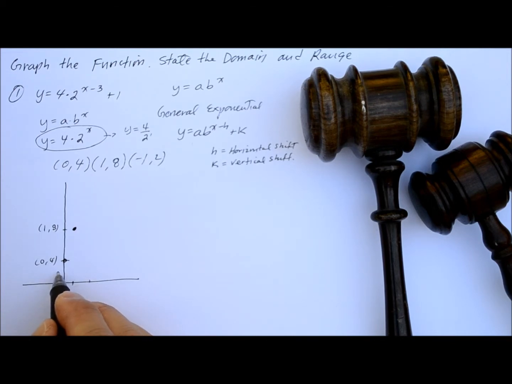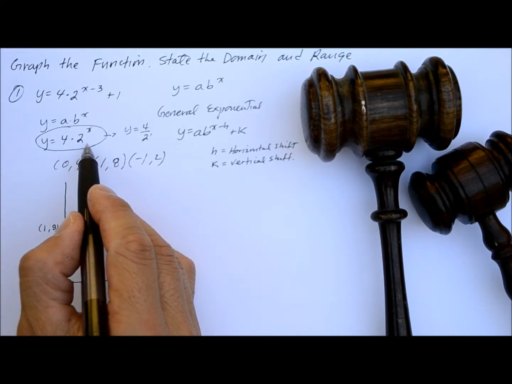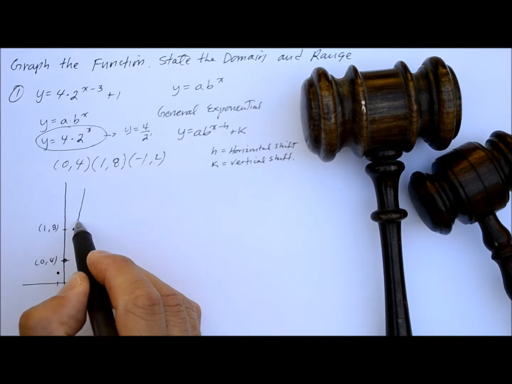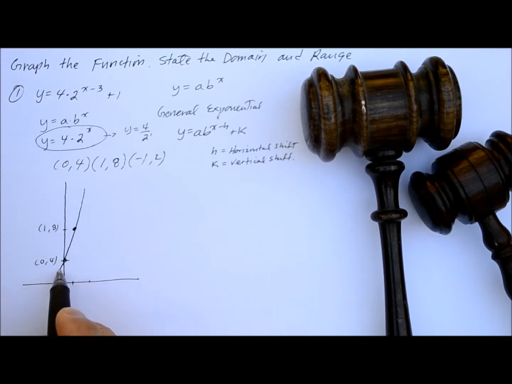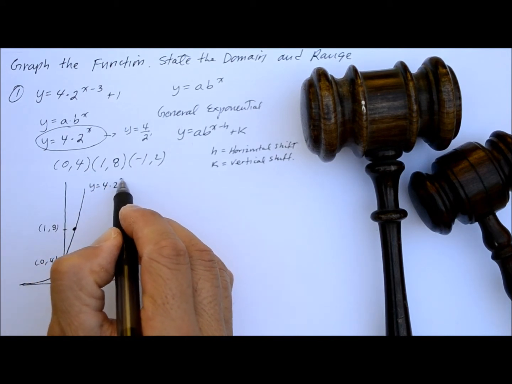There it is. And given this exponential growth function, the asymptote is going to be when y is equal to 0. So it's going to look something like this. It gets closer and closer to the 0, but never ever touches it. And that is y is equal to 4 times 2 to the x power.